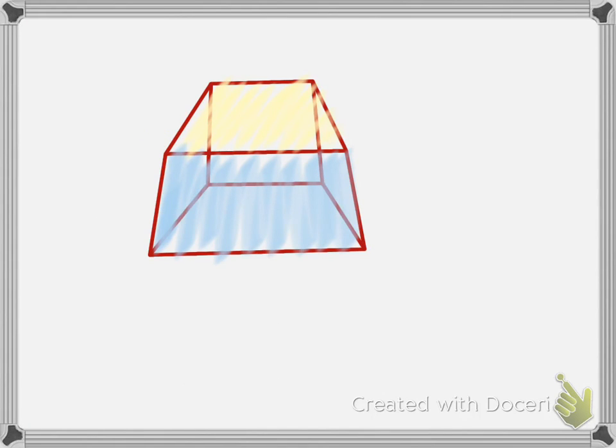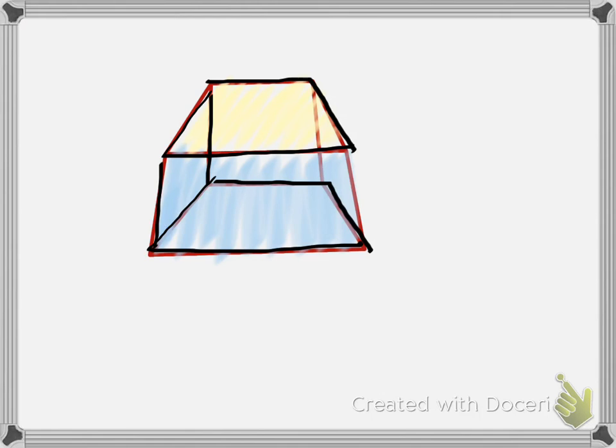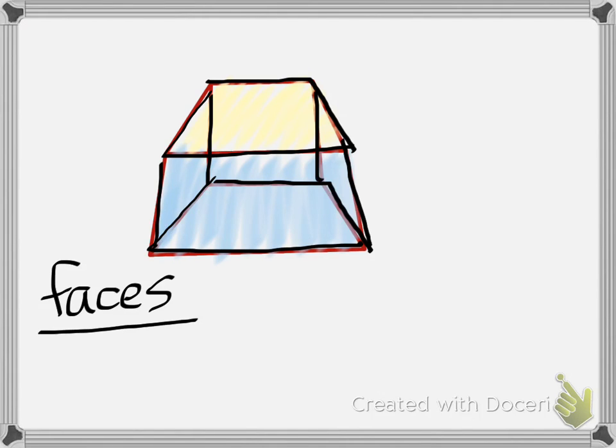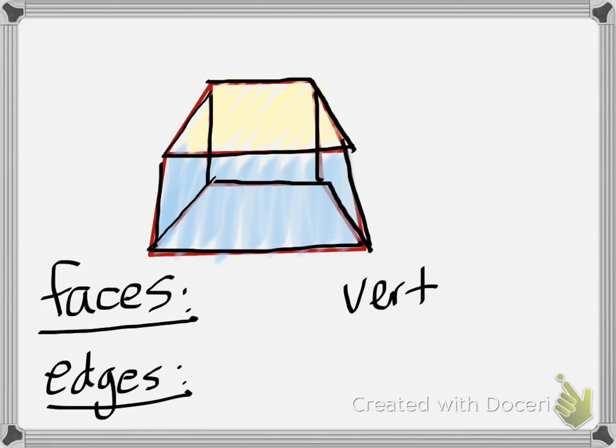Okay, this one I tried to make look like, here it's a trapezoid on the bottom, it's a trapezoid on the top, okay, and then they're connected. So it sort of looks like a gold brick, except they are trapezoids and not rectangles. So again, see if you can count how many faces, how many edges, and how many vertices.